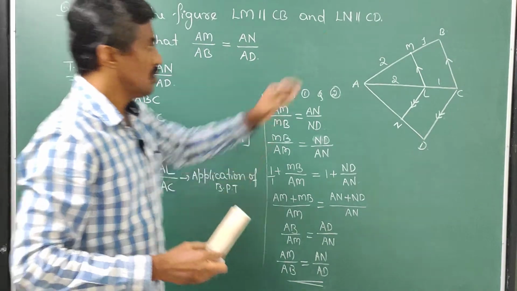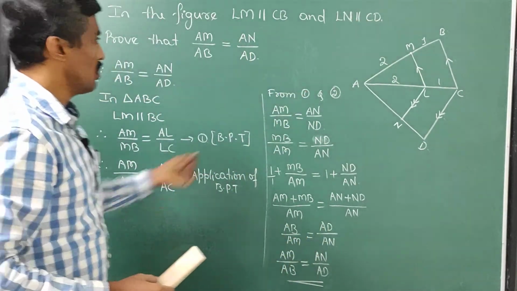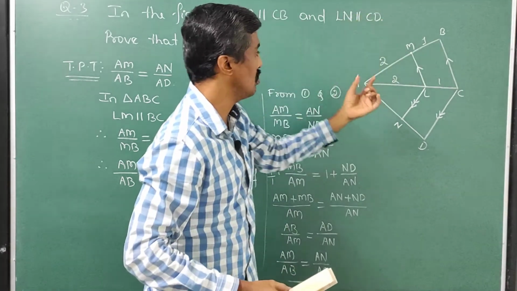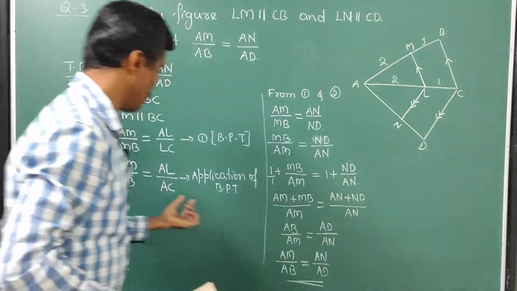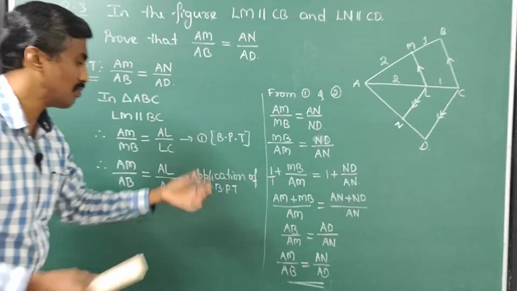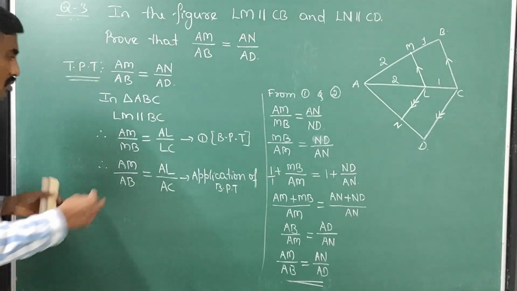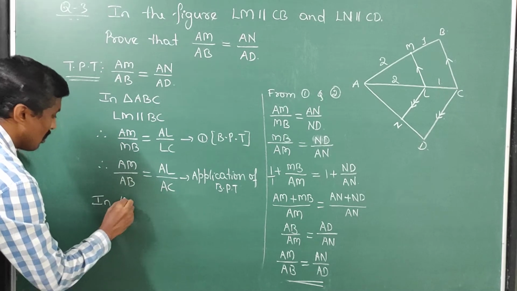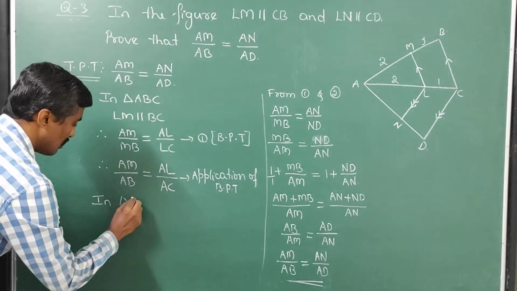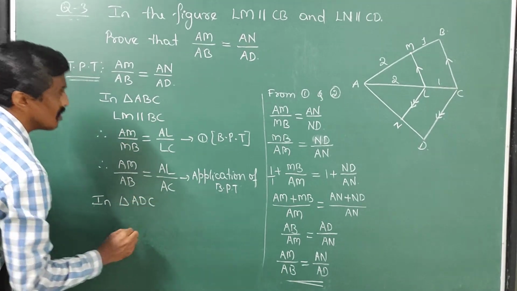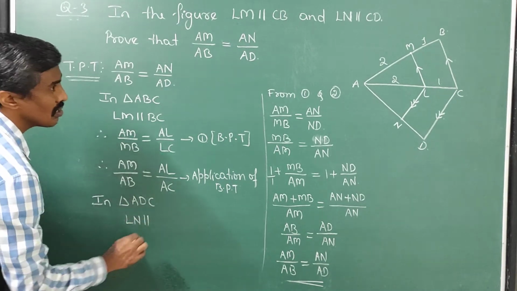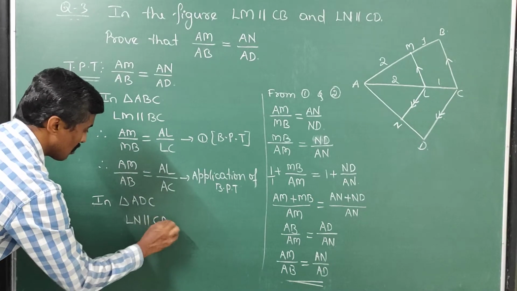Now we have taken a 2:3 ratio, 2/3 is equal to 2/3. So I told you it is an application. Next, in triangle ADC, LN is parallel to CD.